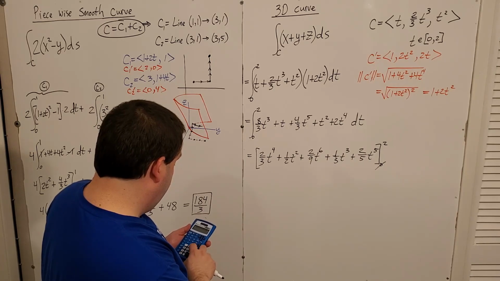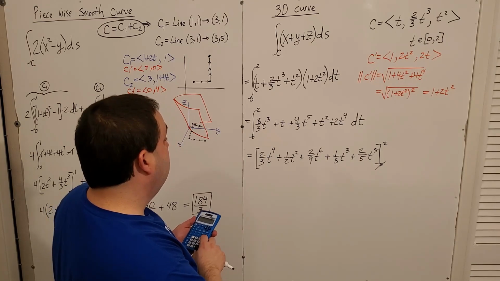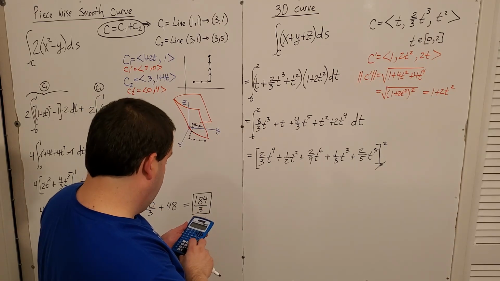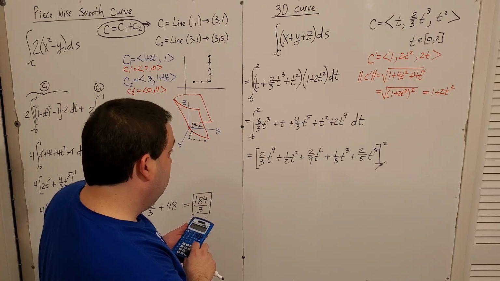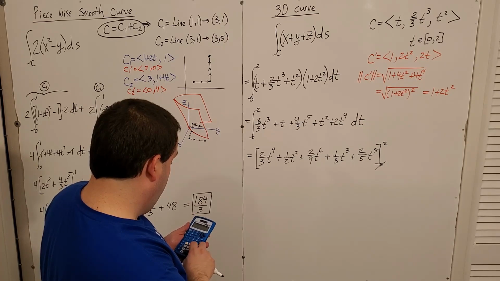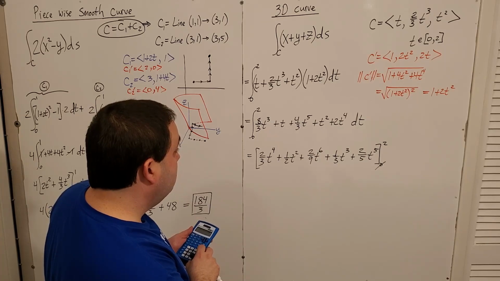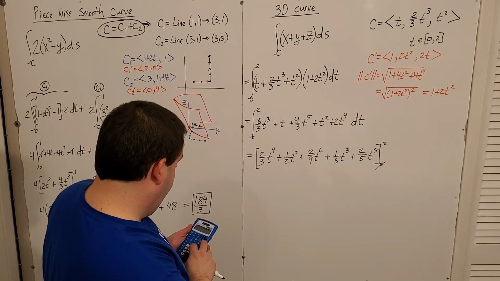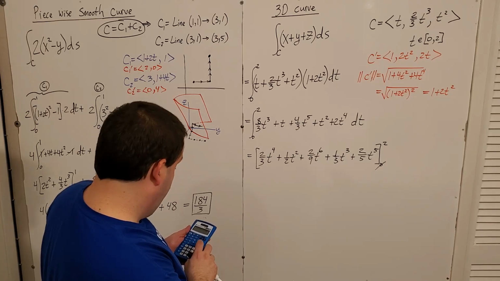Plus 2/9 times 2 to the 6th, that's 64, plus 1/3 times 2 to the 3rd is 8, plus 2/5 times 2 to the 5th is 32.